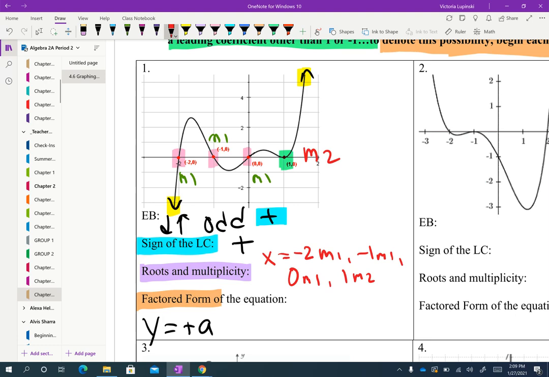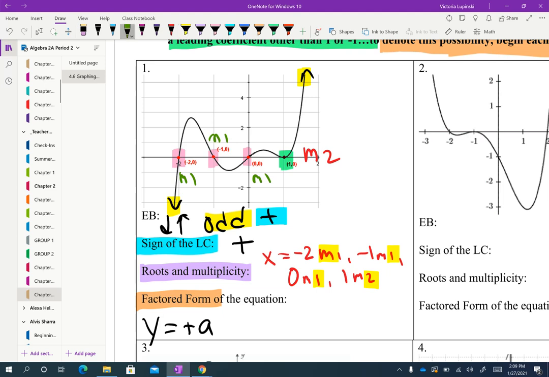Guess what? Here's where you can kind of do a quick check. The whole reason why you told me that this was supposed to be odd is because if you add up all those multiplicities, it has to wind up being an odd number. So 1 + 1 + 1 + 2, that's 5, which is odd. That's how you know you're on the right track.